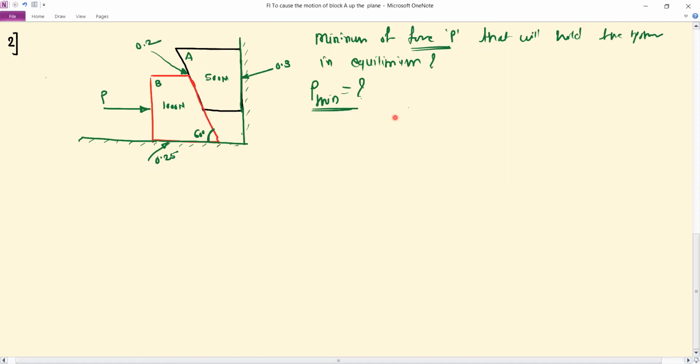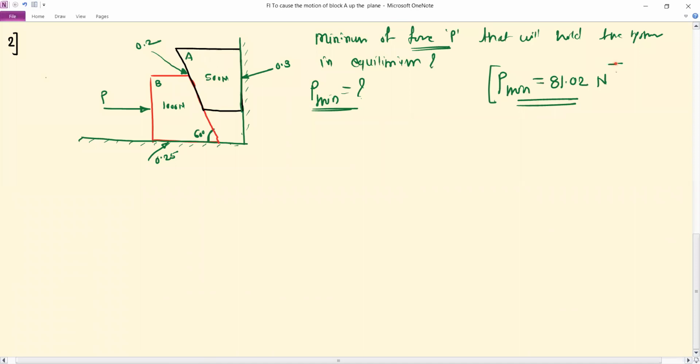Just you can note down the answer for the P minimum. It is 81.02 Newton. So if we apply this much force, 81.02 Newton, on the block B, then it will maintain the equilibrium.